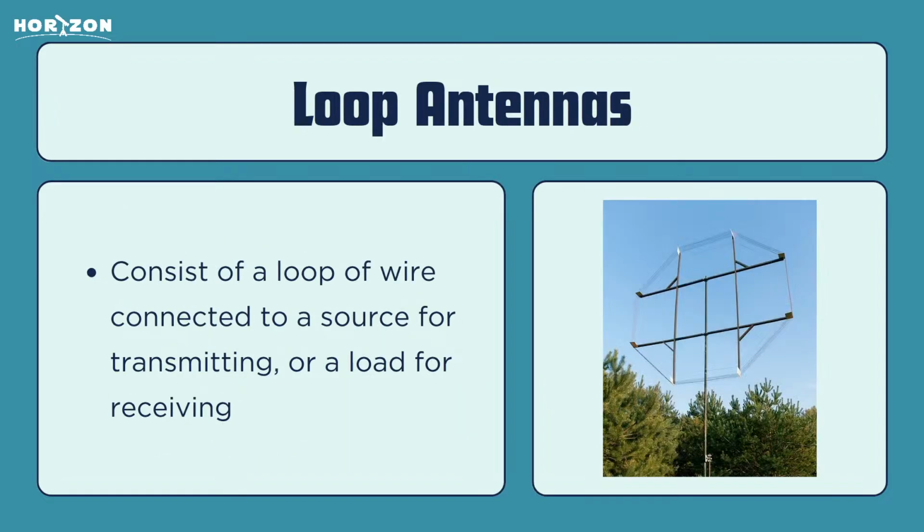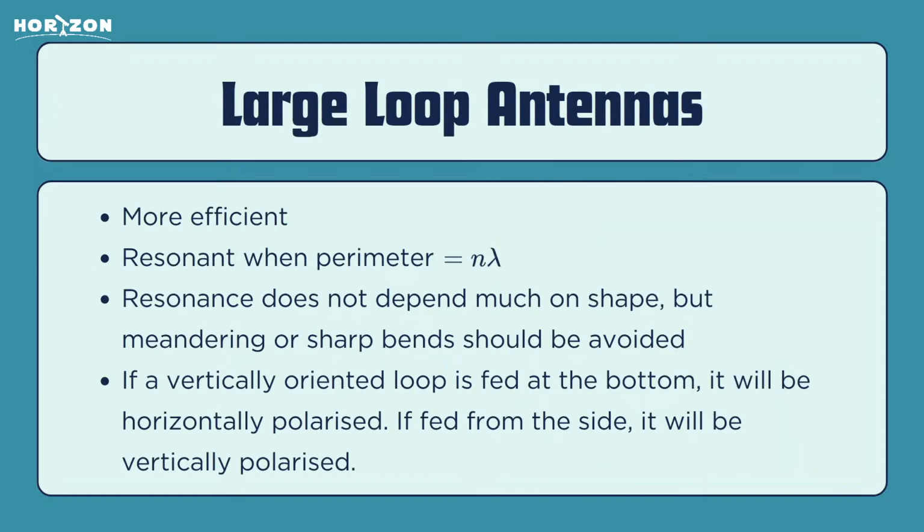Also, the resonance does not depend much on the shape, since all that matters is that by the time the current has gone through the entire loop and come back, it should travel one wavelength distance.